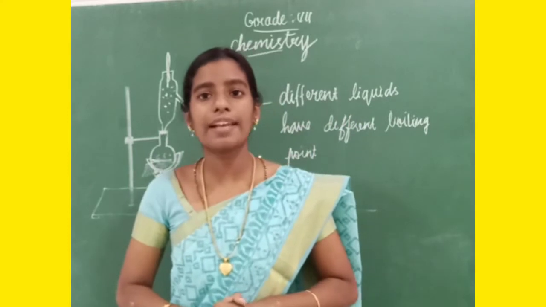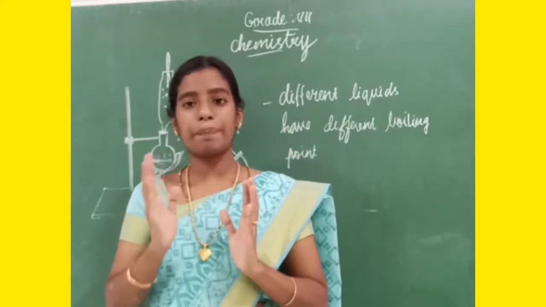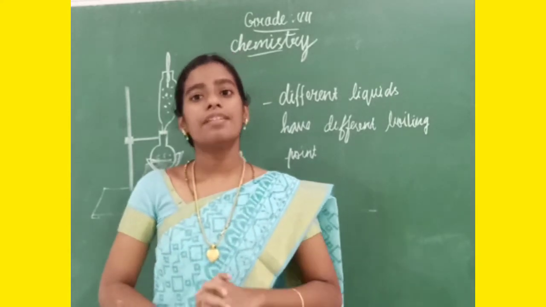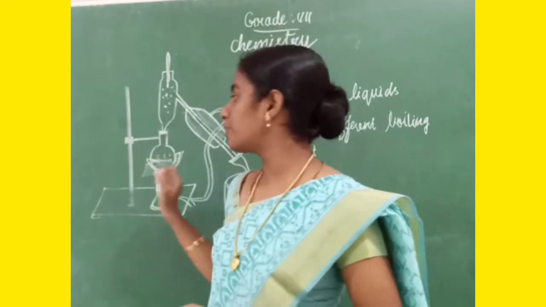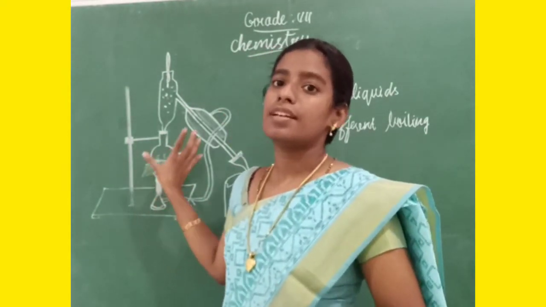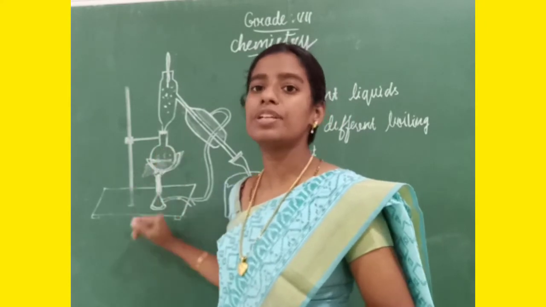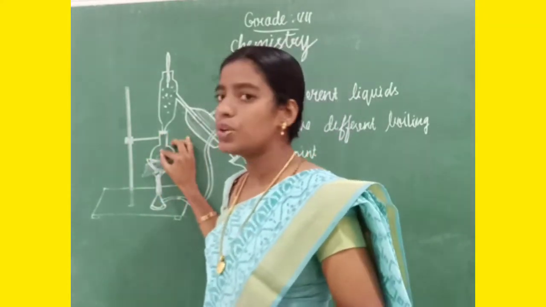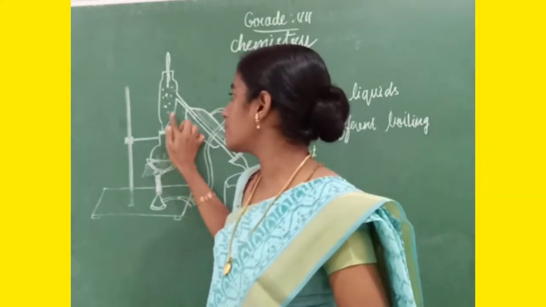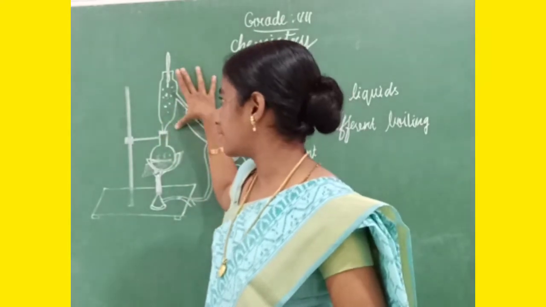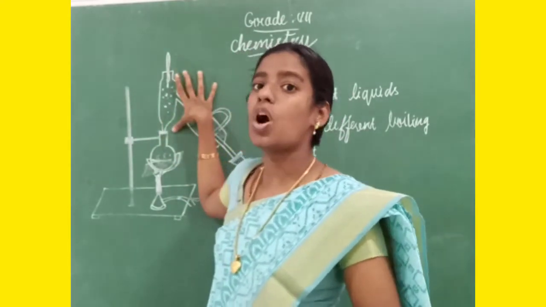Now can you understand how two miscible liquids are separated using fractional distillation? I'll say once again: we have to take the miscible liquid in this distillation flask, and we have to heat this mixture. When we heat this mixture, the liquid with the higher boiling point will occupy the lower portion of the flask. This is the fractional column.